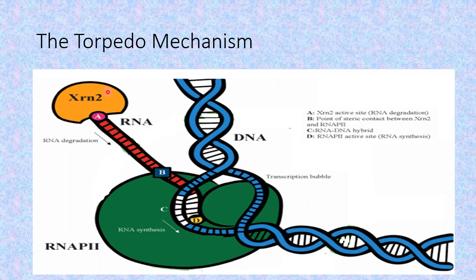now the 5' end of the messenger RNA that is being formed has already been capped during the process of elongation. But once the cleavage takes place at the cleavage site, this 5' end is exposed. It is exposed to various exonucleases. And in the case of human beings, the exonuclease involved is this XRN2.